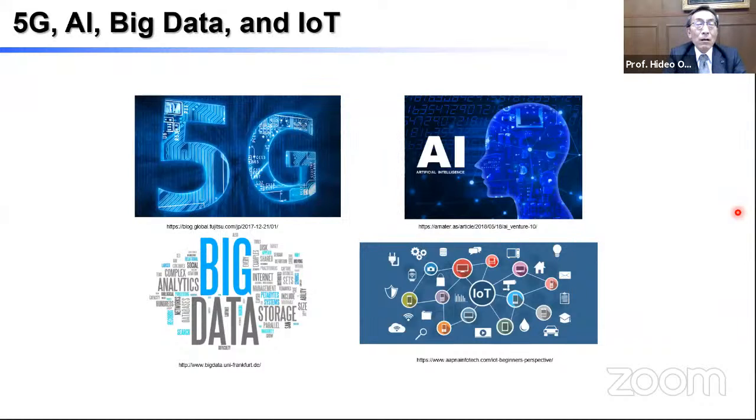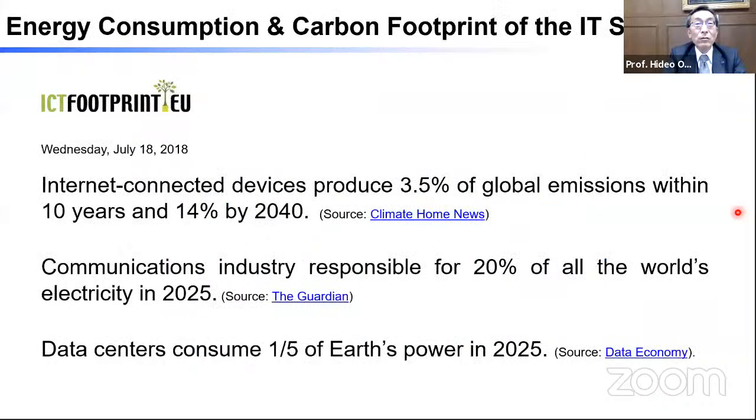However, one concern is that they actually consume a huge amount of power. You can see on this slide that internet connected devices produce 3.5% of global emission within 10 years and 14% by 2040. The communication industry is responsible for 20% of all the world's electricity in 2025.